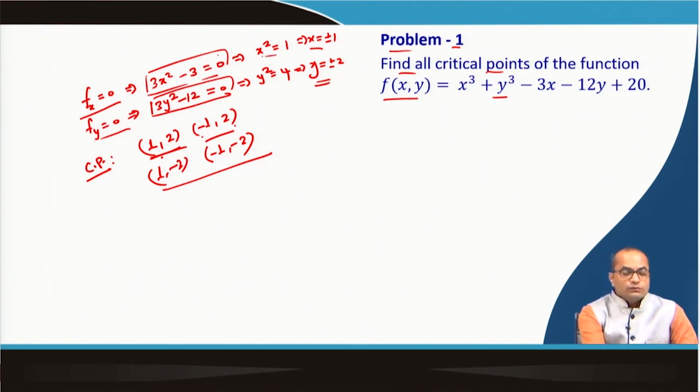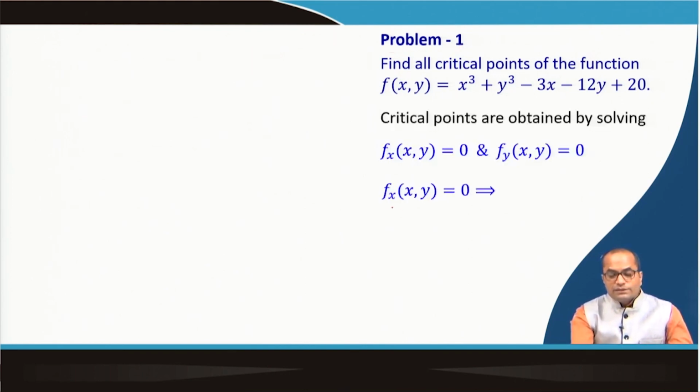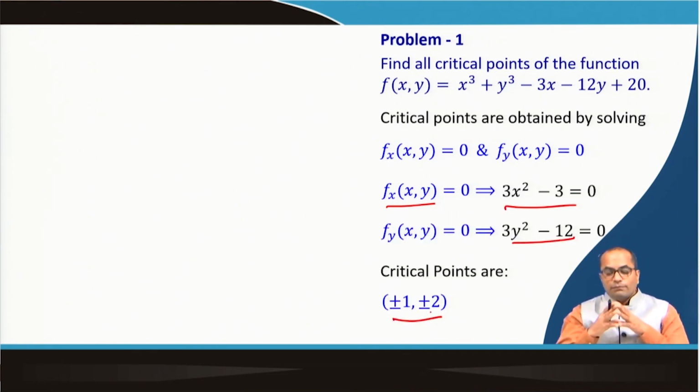By solving these equations simultaneously, here the case was that one was only having x, the other one was having only y. So, independently we got these points, that plus or minus 1 from here and plus 2 or minus 2 from here is a critical point. So, in this way we got these 4 critical points: plus 1 plus 2, plus 1 minus 2, minus 1 plus 2, minus 1 minus 2.